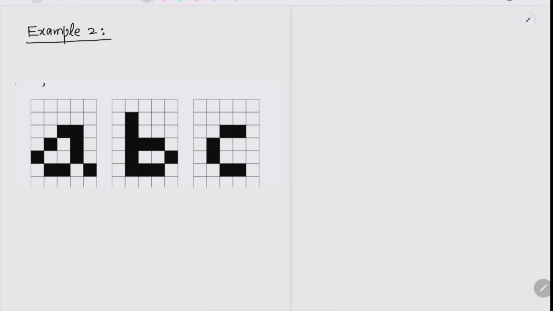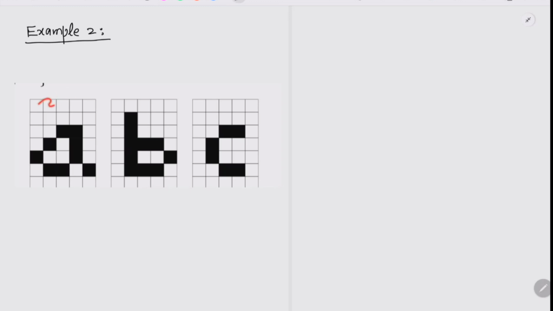This is our second example, example number 2. In example number 2, we see that there are 3 images. If you see, we have 1, 2, 3, 4, 5, it means 5 rows, and we have 7, I'm sorry, we have 7 rows.